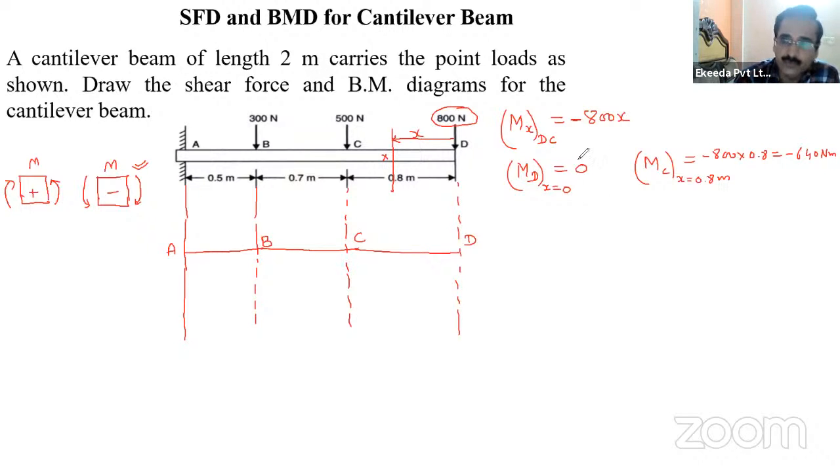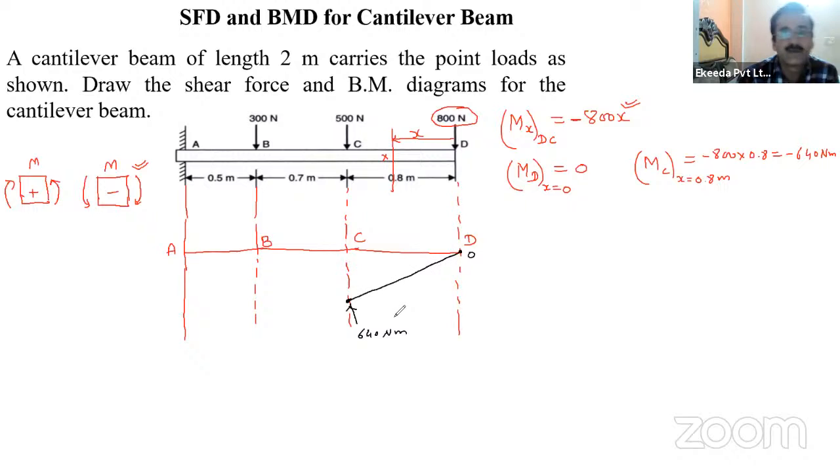This means from 0 to minus 640 Newton meter, a linear variation is there from D to C. Somewhere here at C point, suppose this point is the bending moment of 640 Newton meter, and at D point this is 0. From 0 to 640, it is varying linearly in the negative direction.